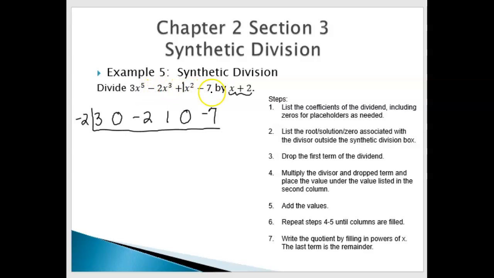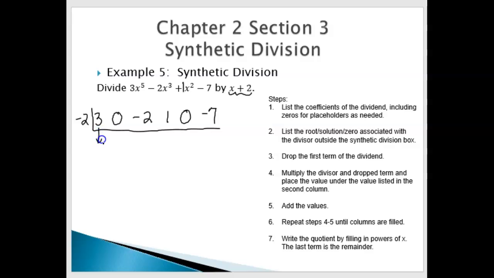That's this big long function, including zeros for placeholders as needed, and we did that. Number 2, list the root, the solution, the 0 associated with the divisor outside the synthetic division box. So remember, negative 2 is the root or the solution or the 0 that goes along with this factor of x plus 2.